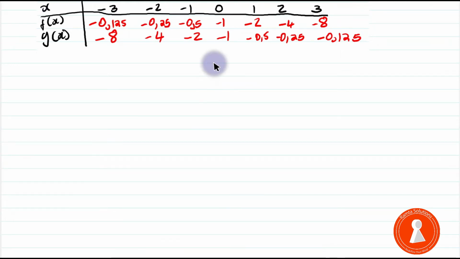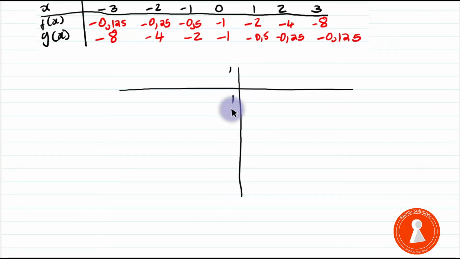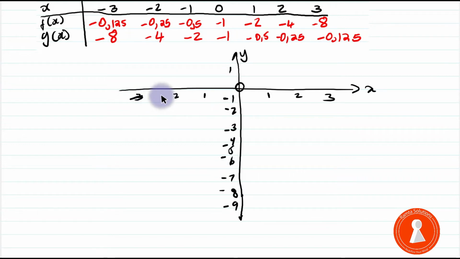Let me start with my x-axis, and then 1, 2, 3, 4, 5, 6, 7, 8, 9, and the negatives as well, with 0 in the middle.